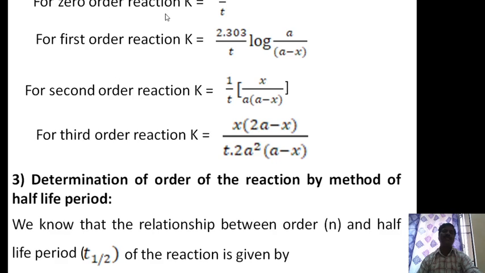For a zero order reaction, K is equal to X by t. You keep the X value for different intervals of time.